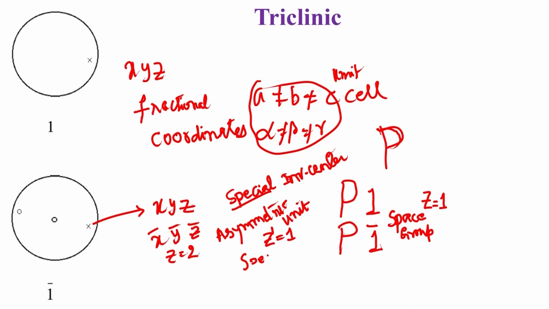So, the unit which does not contain information about the point group symmetry is the so called asymmetric unit. So, in both these cases, the asymmetric unit, that is the value of z prime, is equal to 1.